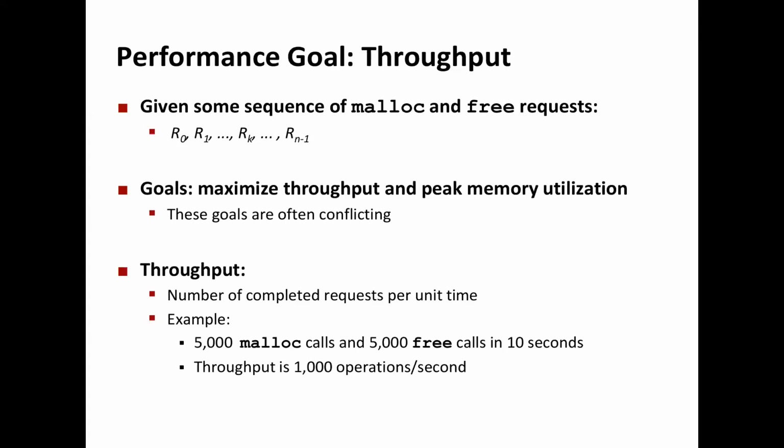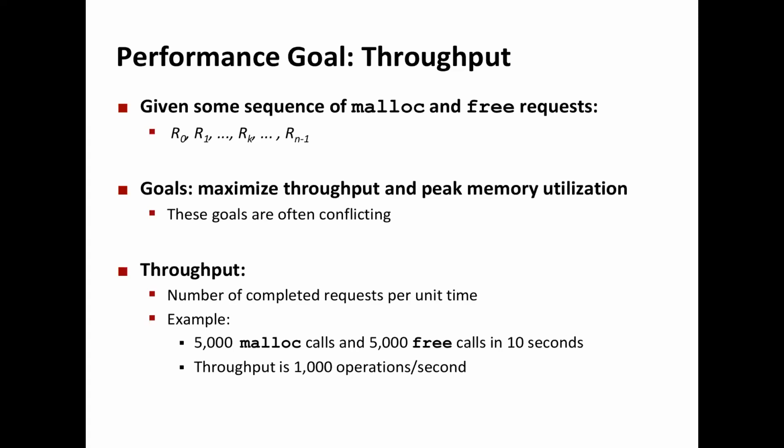So let's say given some requests of malloc and free, R0, R1, and so on, our goal is to maximize throughput and peak memory utilization, right? And what is throughput? Throughput would typically be the total number of requests for both malloc and free, unless you want to have throughput for malloc and free separately.